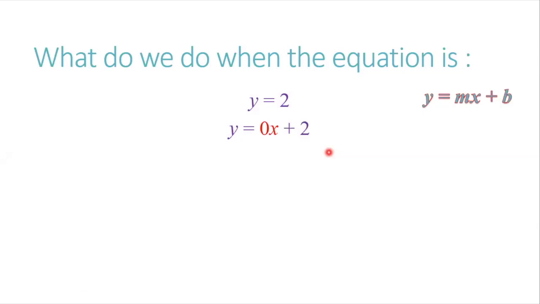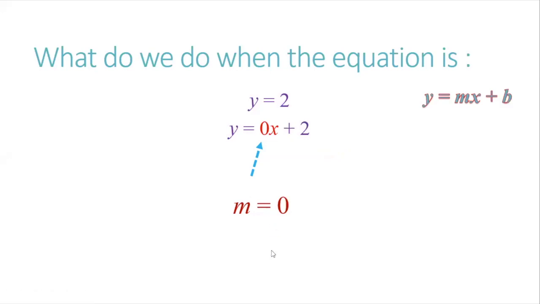Because I put something there that wasn't there, as long as you multiply it by 0, it's still correct, because the 0 eliminates it when you simplify. So now we have something in slope-intercept form, and I can identify my slope. My slope is going to be 0 because the coefficient on x is 0.